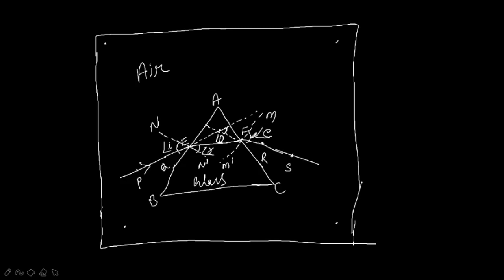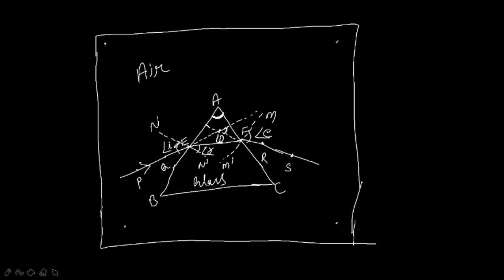At this point we have the angle of emergence. This is the angle of refraction, this is the angle of incidence, and on drawing two lines from the incident ray and emergent ray, at this point we got one more angle called the angle of deviation. At this much angle the light ray is deviated, and this is called the angle of the prism.